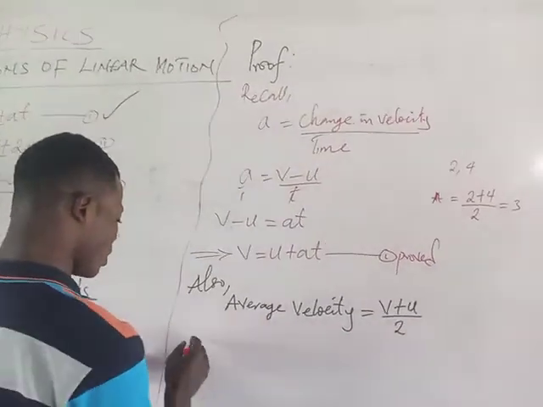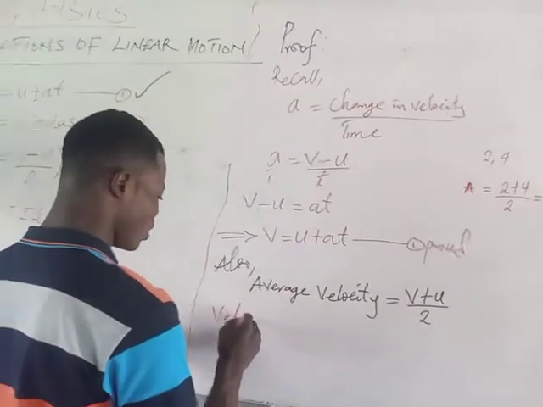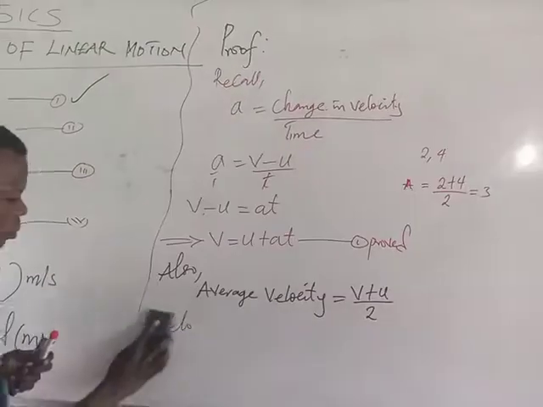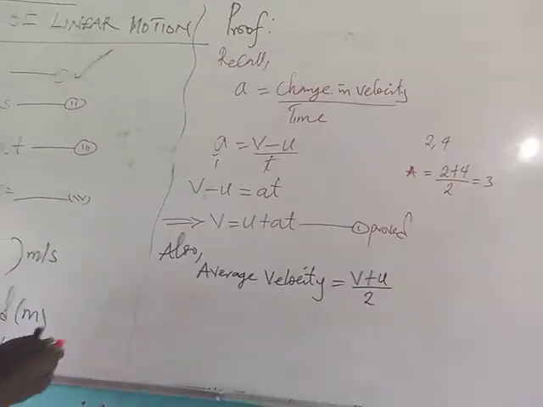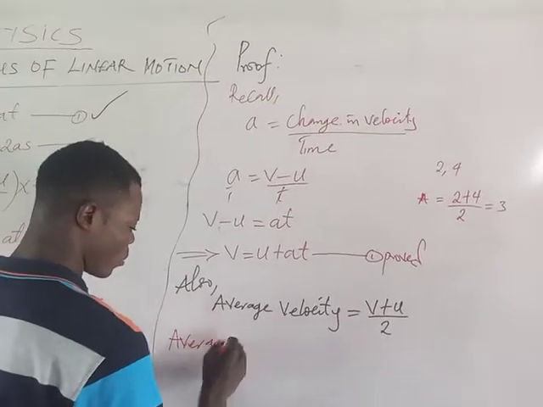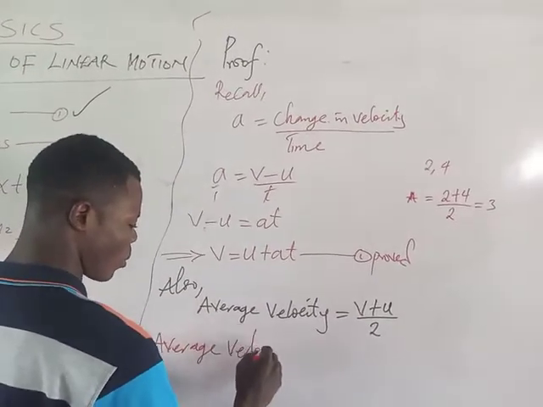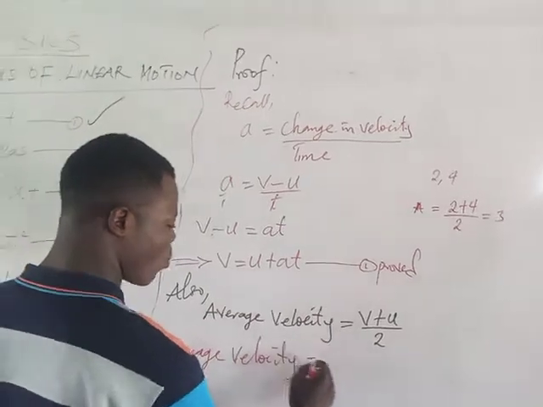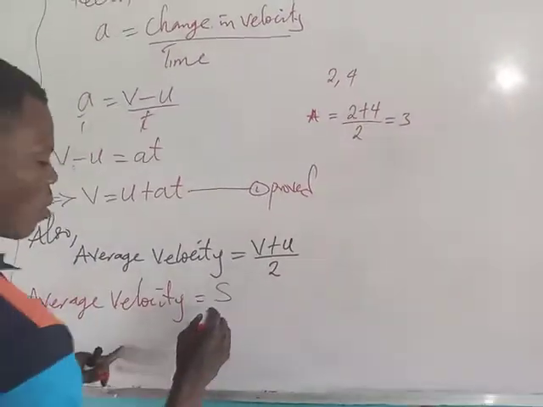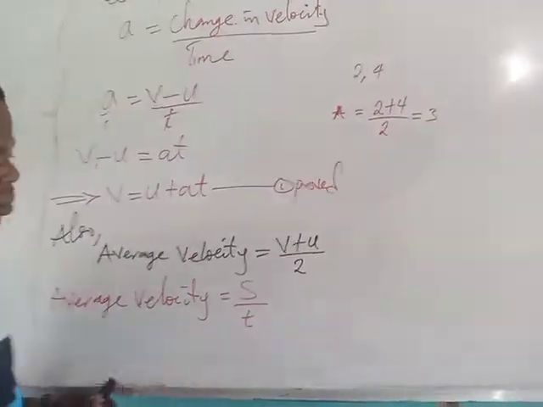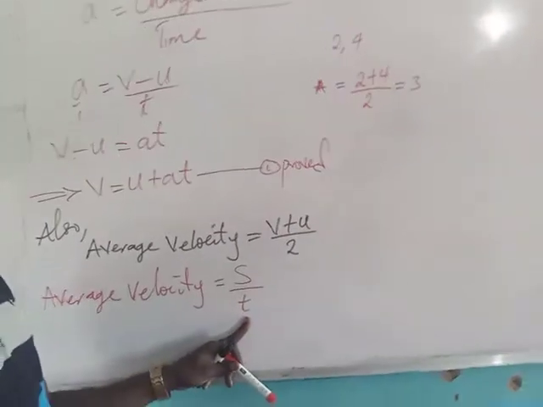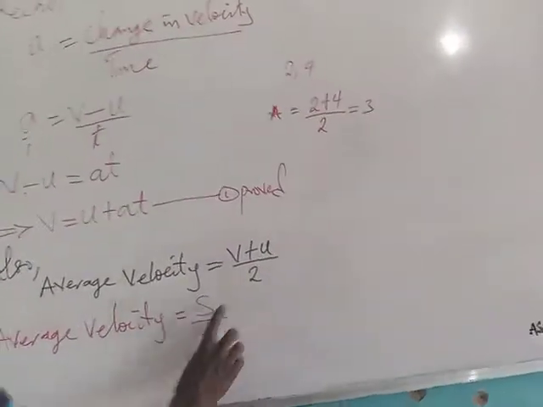So average velocity is equal to displacement all over time. That is total distance traveled over total time taken is our average velocity.